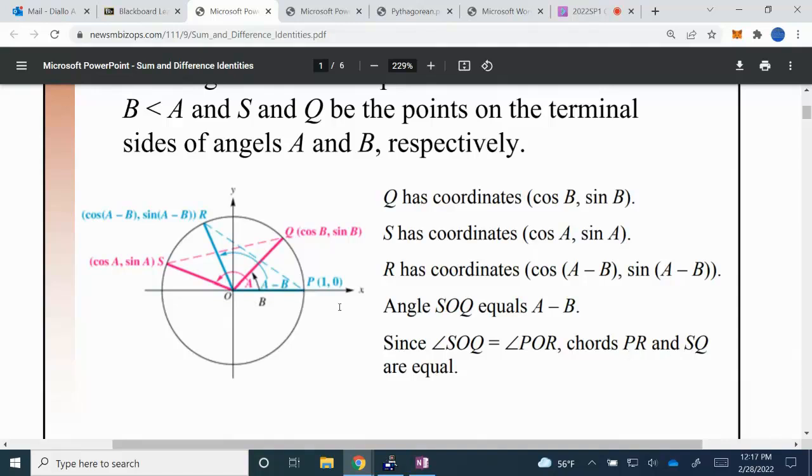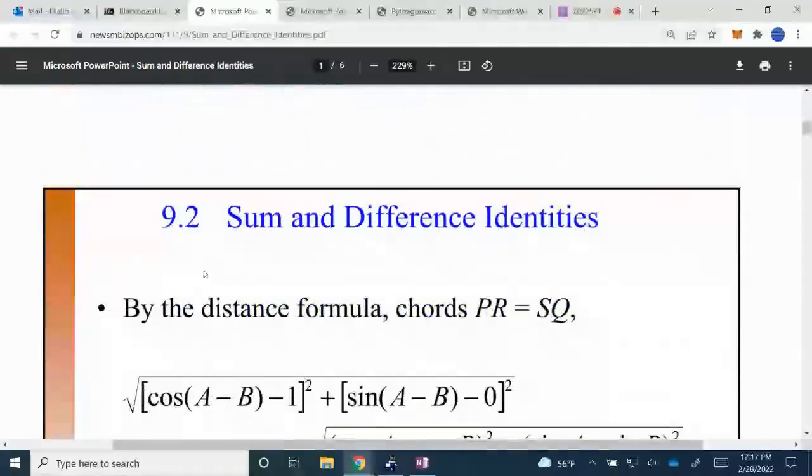So the length of chord PR and the length of chord SQ are equal. In order to find the length of these chords, we use the distance formula from algebra.